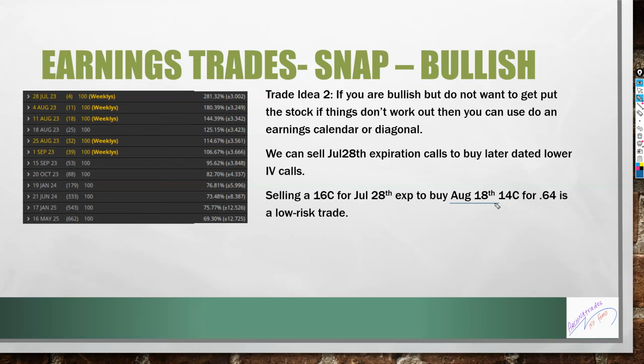You could buy a 14 call in August, sell a 16 call in July 28th for 64 cents for a low risk trade. If you are bearish, you could do the same on the put side.